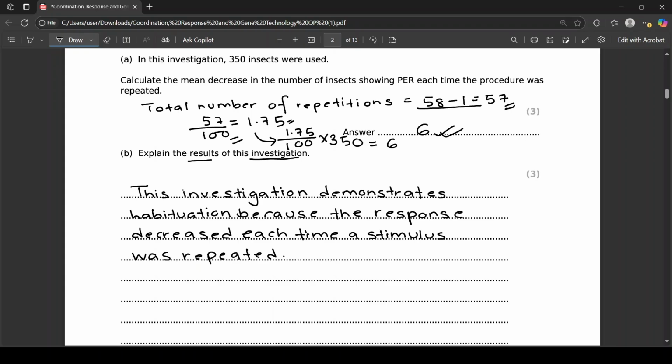Since it is for 3 marks and we have written only 2 points, we have to make sure to include another point so that we get the full 3 marks.